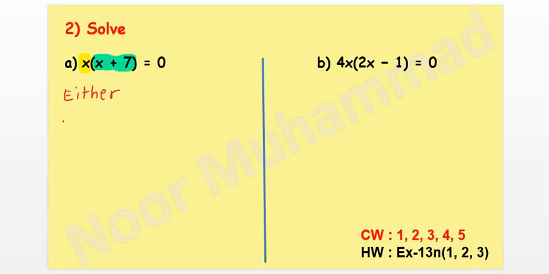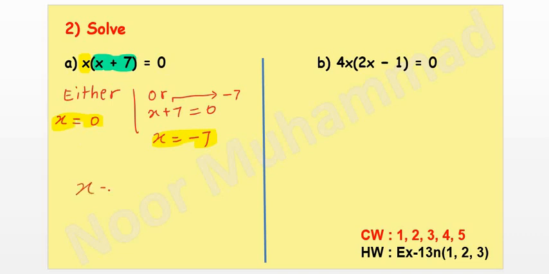So I can say either the first factor x is 0 or the second factor, that is x plus 7, is 0. So from here I can get the value of x by moving this 7 to the other side. It will change into negative 7. So finally these are the two answers, x equals 0 or x equals negative 7, right? So this is the possible answer for this equation.